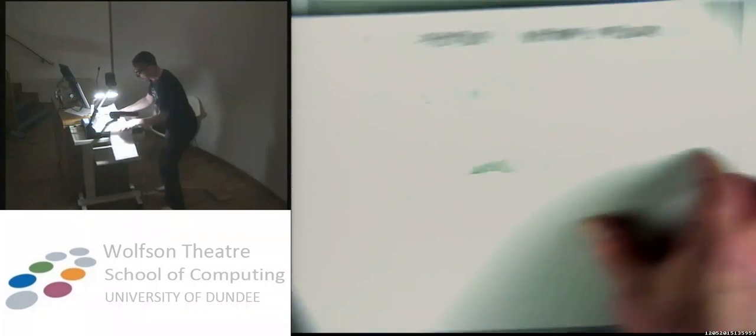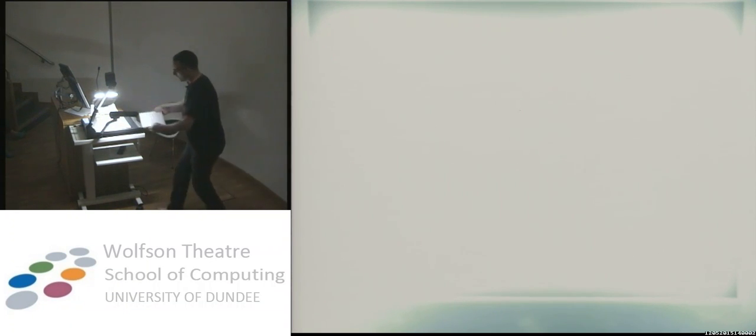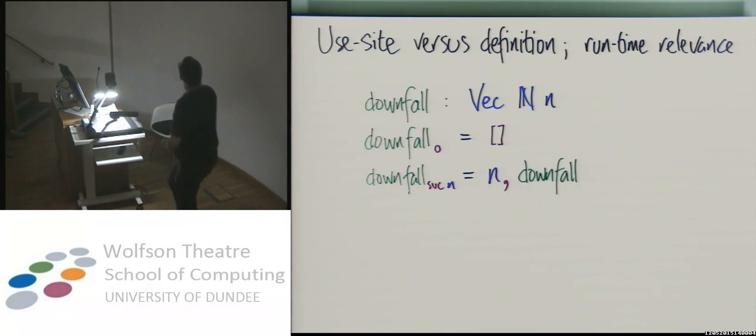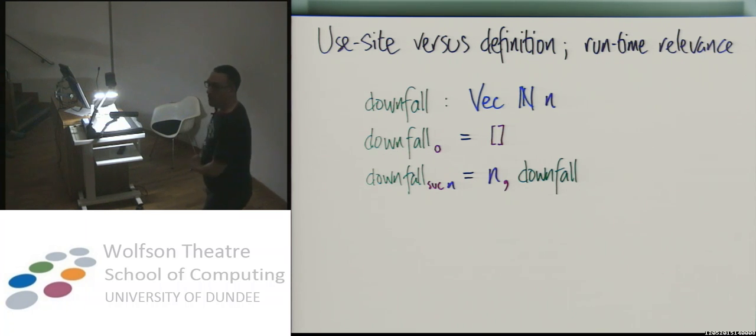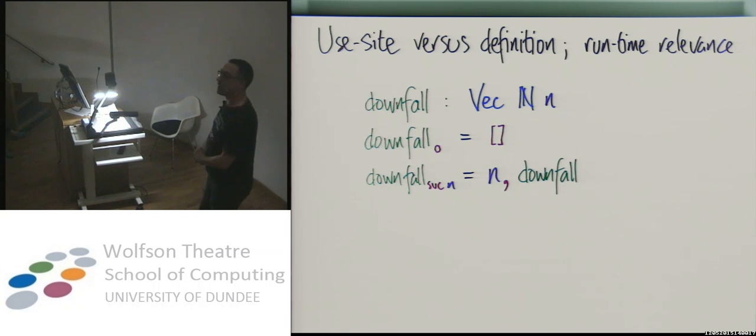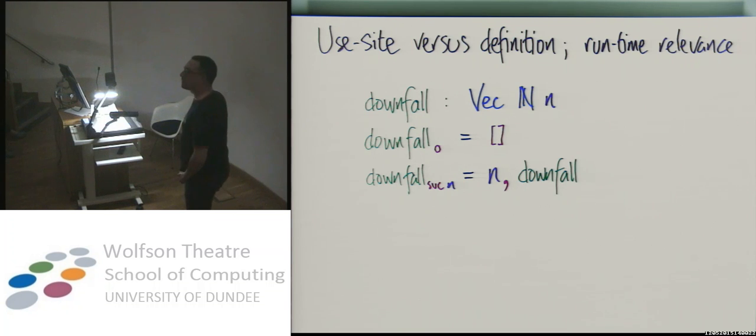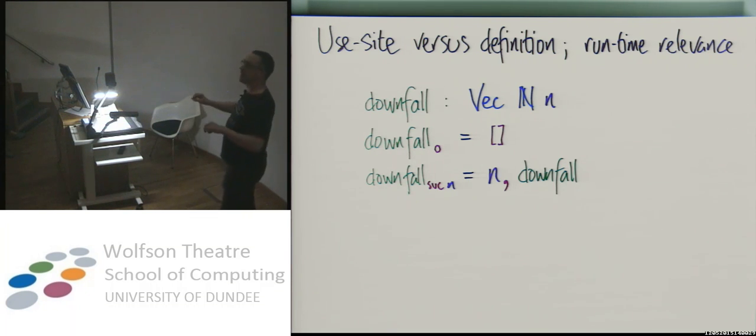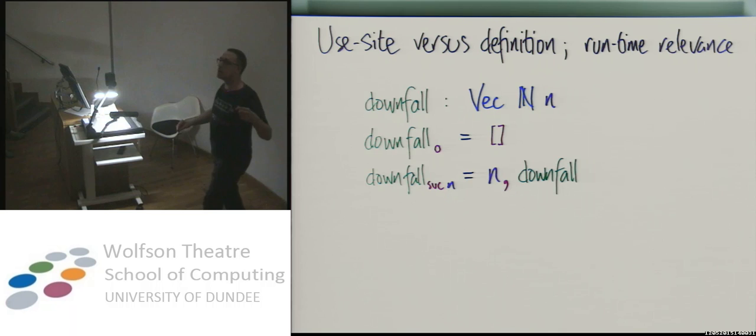Okay, so yes, here's another little entertaining old story. This is the downfall operation. This is just to remind you, first of all, that some invisible things really are runtime relevant. This is the vector of numbers which is below its length. So if you ask for the downfall of length 5, you should get 4, 3, 2, 1, 0.